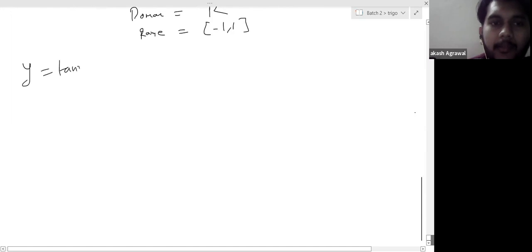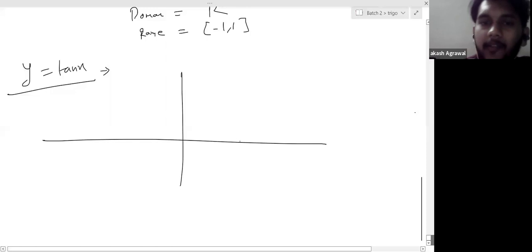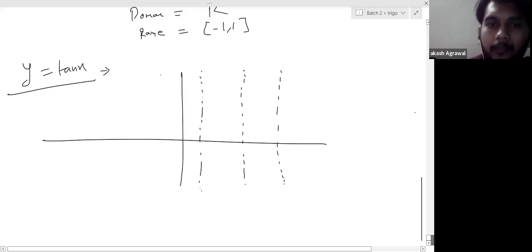y equals tan x. We know tan x is infinite at odd multiples of pi by 2. First draw dotted lines at pi by 2. All right, this is pi by 2, 3 pi by 2, 5 pi by 2.